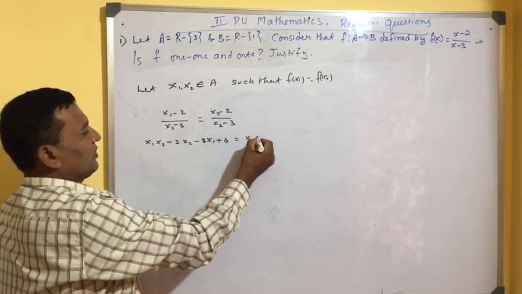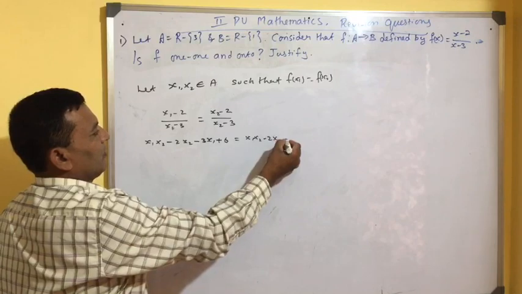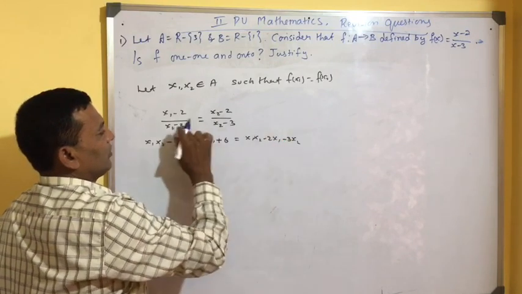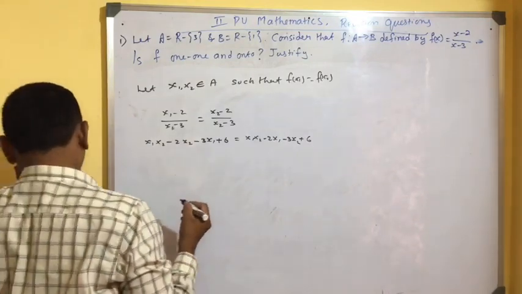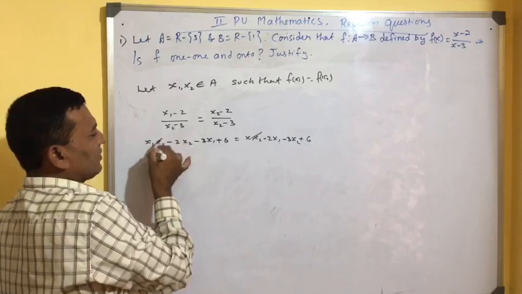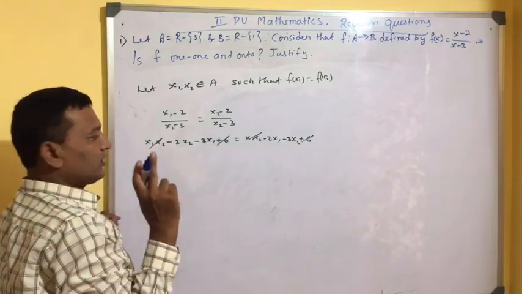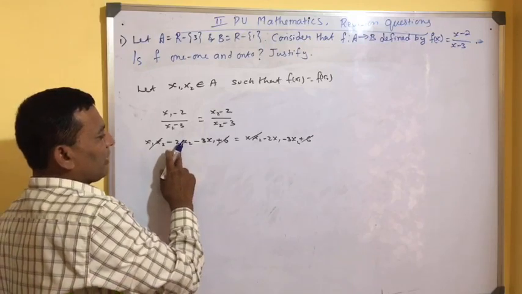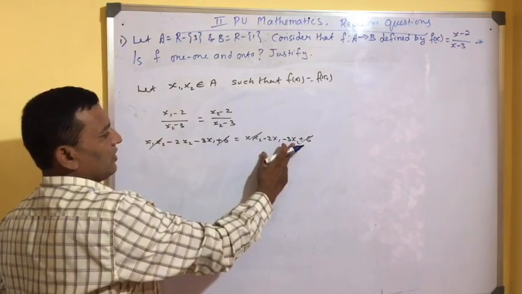It is x1 x2 minus 2x1 minus 3x2, and minus 3 into minus 2 is plus 6. Now because they are on opposite sides, x1 x2 cancels, plus 6 cancels because same value and same sign. Now we have minus 2x2 here, and here minus 3x2.